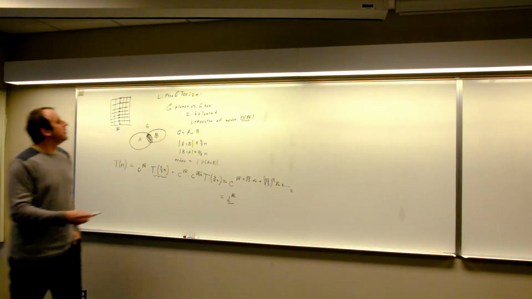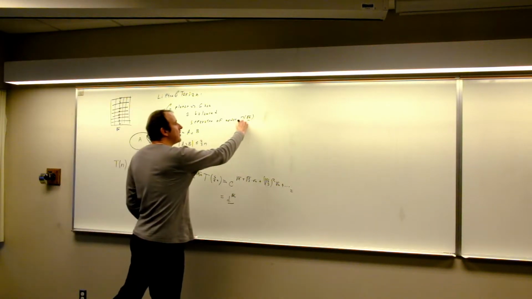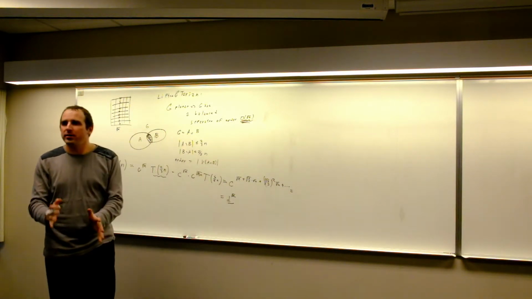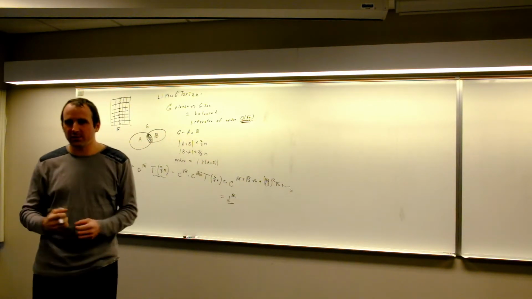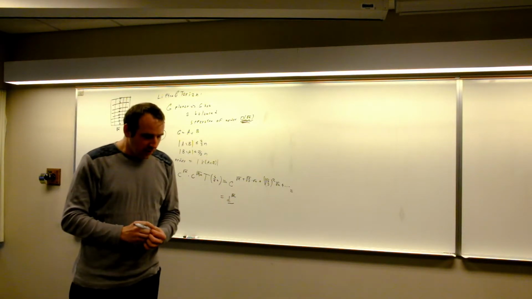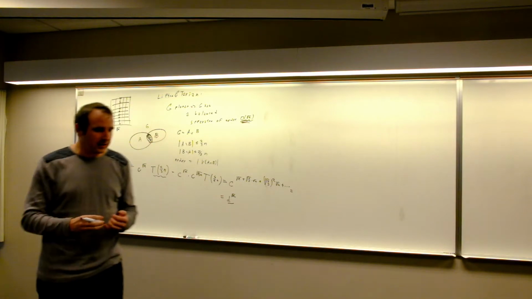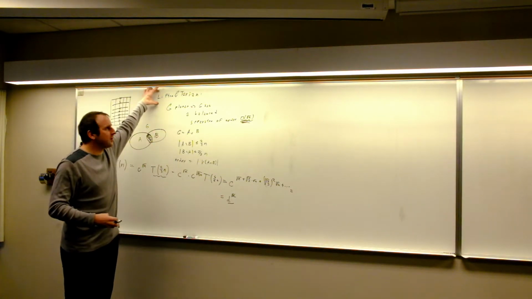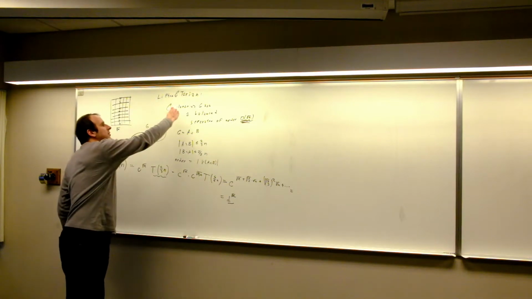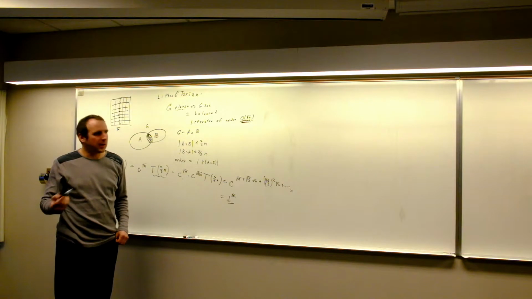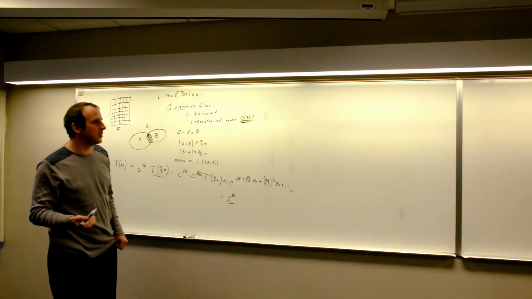So really, this property of having separators whose size is much smaller than linear is very useful in these algorithmic problems. And so people were interested in whether you can extend this result of Lipton and Tarjan to other graph classes than just planar graphs. And it turns out that you can.